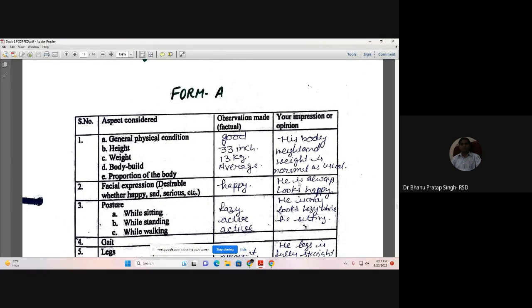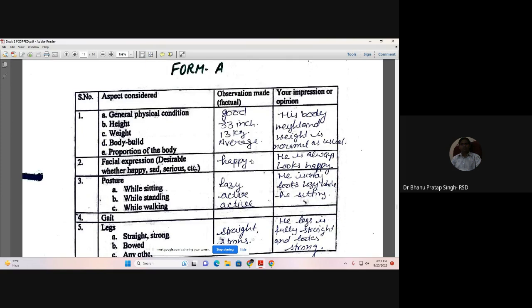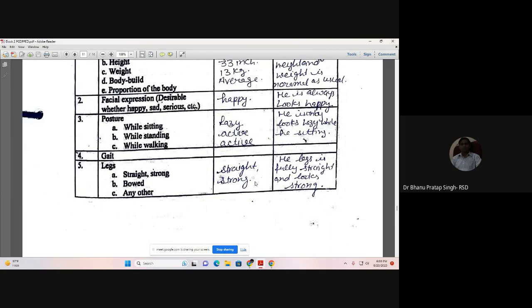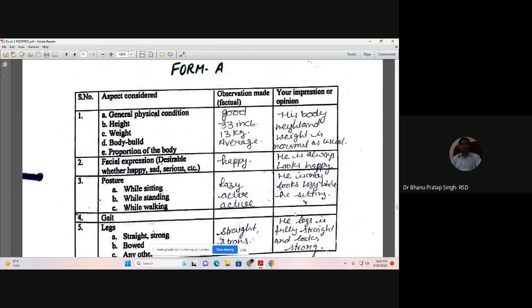And even the researcher's impressions and opinions: his height and weight are normal, as he may have correlated this data with the BMI or age group members, facial expression. So after writing these factual observations, he has written some basic impressions and opinions based on this observation.